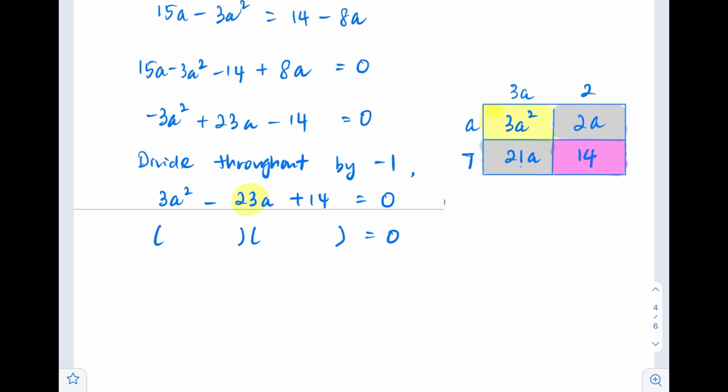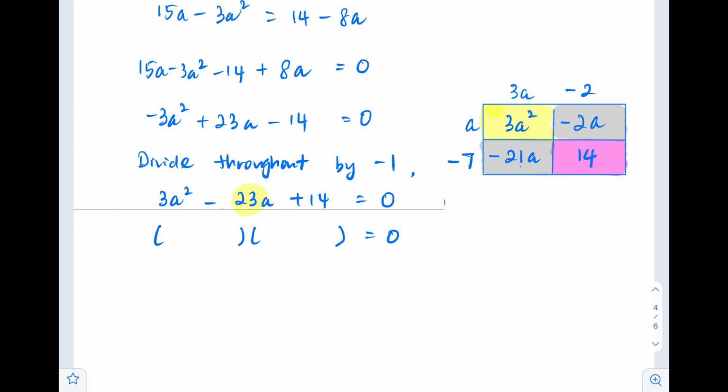So how can we get negative 23a? Unless we have negative 2a and negative 21a. But how are we going to have negative unless this is negative and this is negative as well? If we do that, we can check that negative 2 times negative 7 is still positive 14.